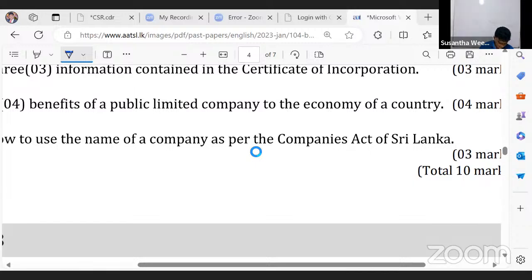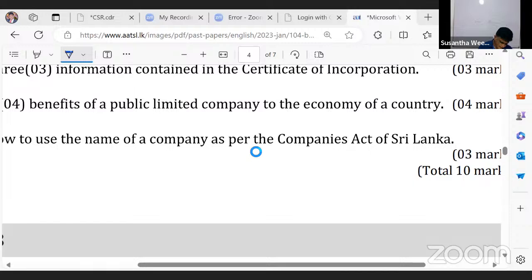And if it is a public company, then definitely they have to add PLC at the end of the name. PLC stands for public limited company.